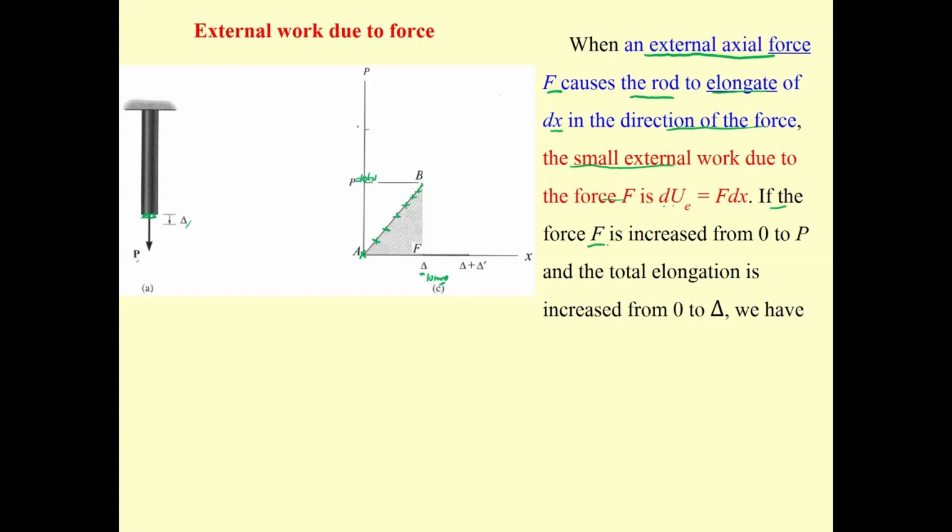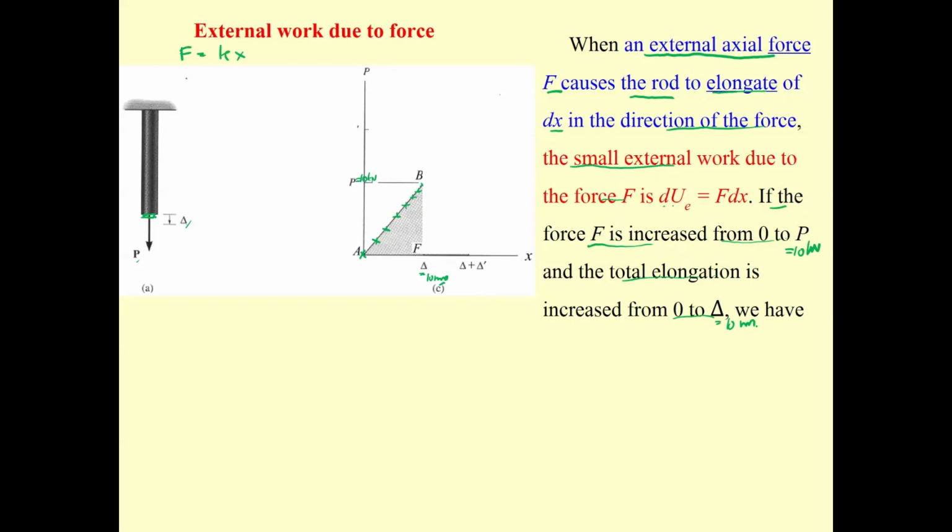So if the force increases from 0 to P, the elongation goes from 0 to delta. P now is 10 kilonewton, delta is going to be 10 millimeter. You know that this is a form very similar to a spring, F equal to Kx.